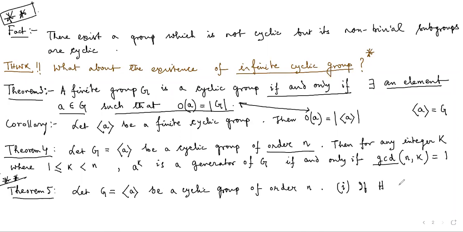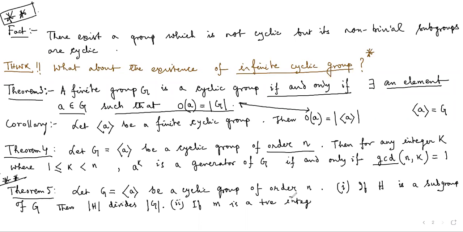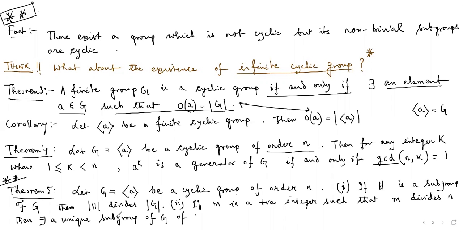Part one is that if H is a subgroup of the group capital G, then the order of H divides the order of G. And number two, if small m is a positive integer such that m divides n, then there exists a unique subgroup of G of order m.